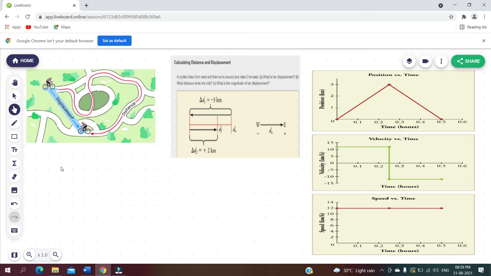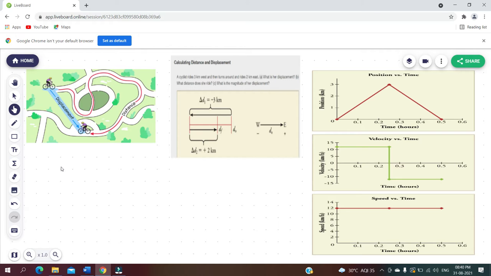If we assume the forward direction of motion, that is to the right along the x-axis, to be positive, then we have to take the backward direction of motion, that is to the left along the x-axis, as negative.